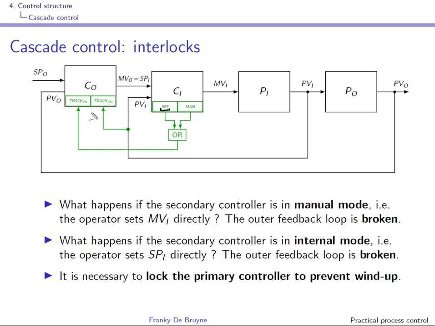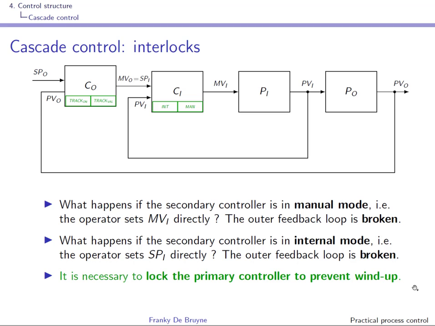The advantage of this strategy is that it will work in internal and manual mode. In internal mode, well, if this inner loop does a good job, the inner PV will be very close to the inner set point anyway.